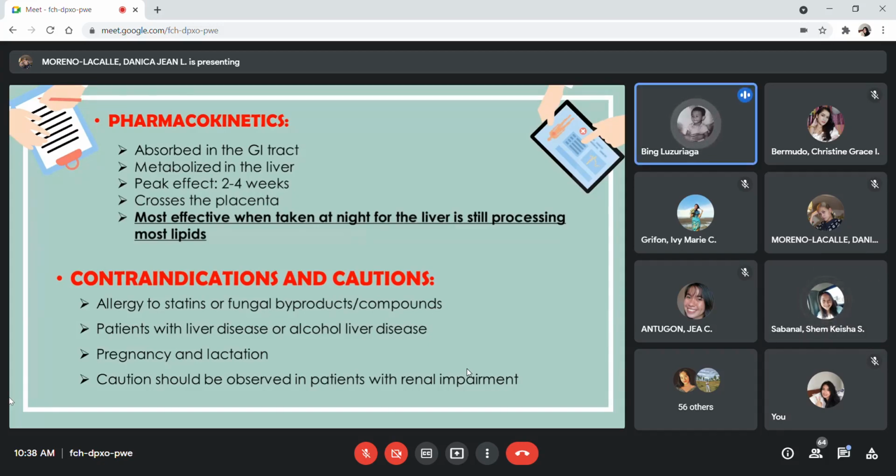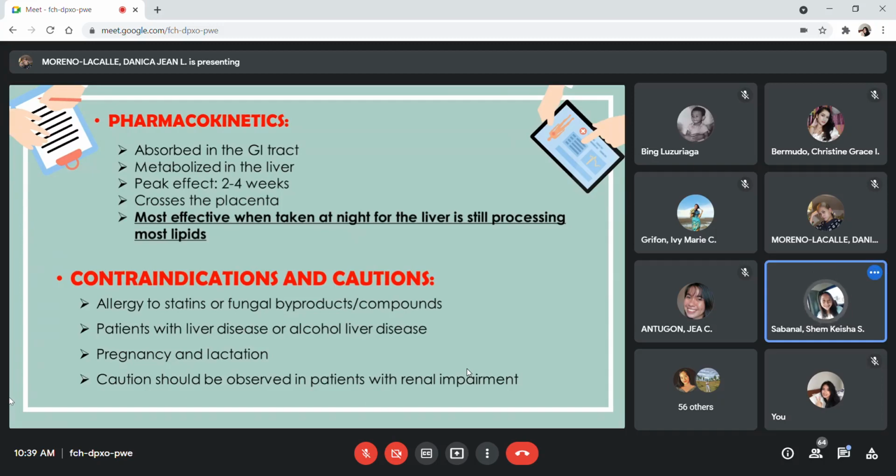Don't forget that it is to be taken at night, because it is your job as nurses to instruct your patient on discharge about when to take the medication. So it is important for you as nurses. Continue. Okay, thank you, Doc.